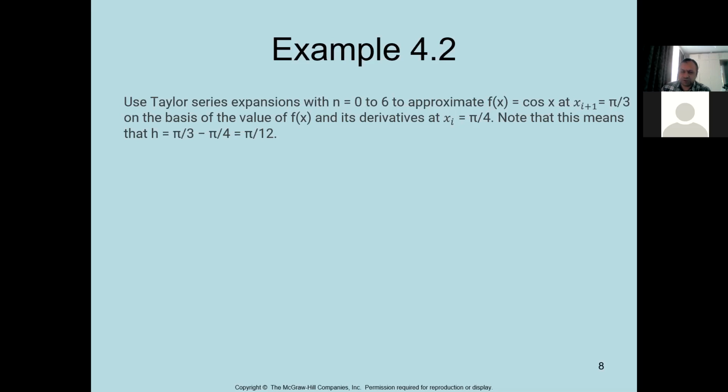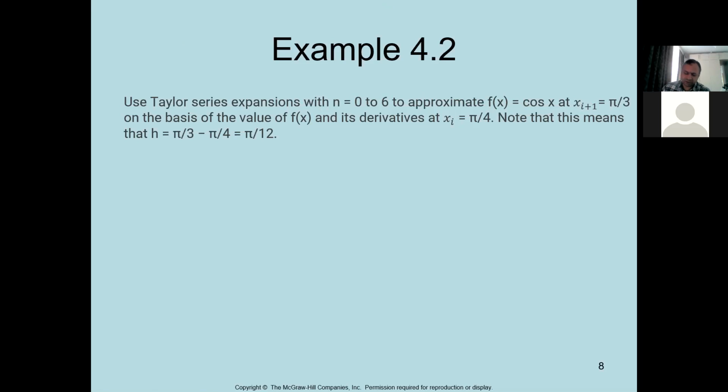In this case, it has been asked to use the Taylor series expansion from n equal to 0 to 6, which means we go from the 0th to the 6th order gradually to approximate the value of cosine x at pi by 3.